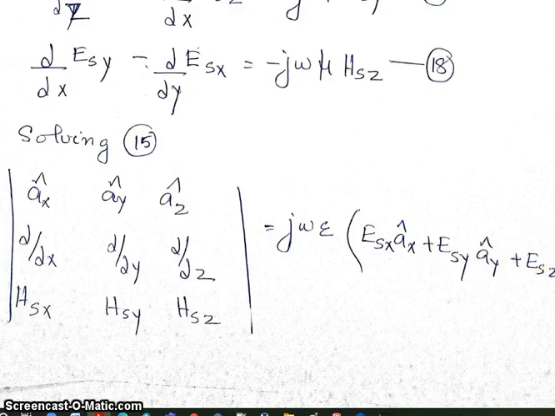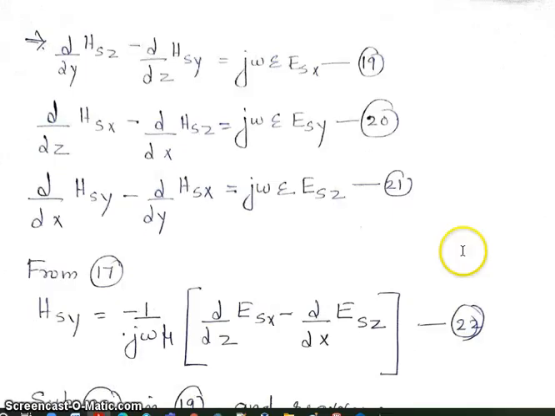Then next you have to take the determinant and equate the Ax term, Ay term and Az term, and finally you will get three equations. The 19th equation you will get by equating the Ax coefficient, the 20th one by equating the Ay coefficient, and the 21st one by equating the Az coefficient.